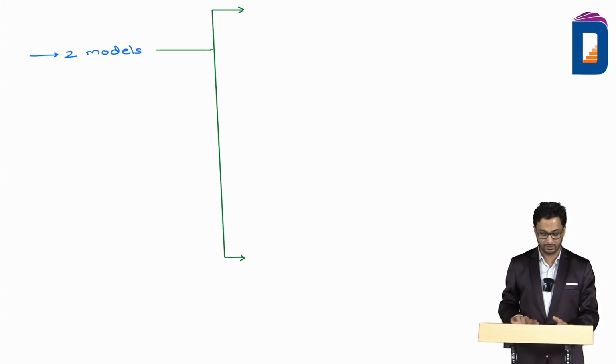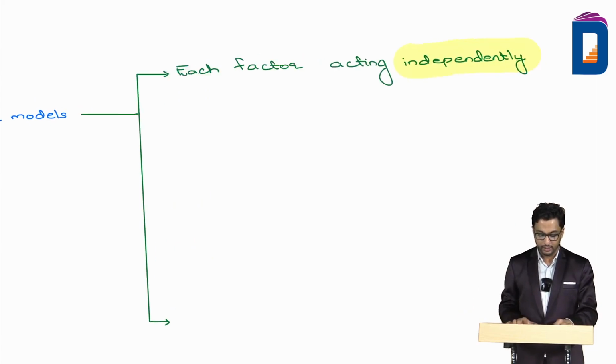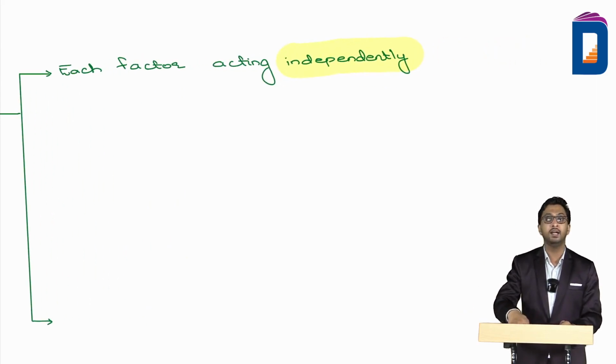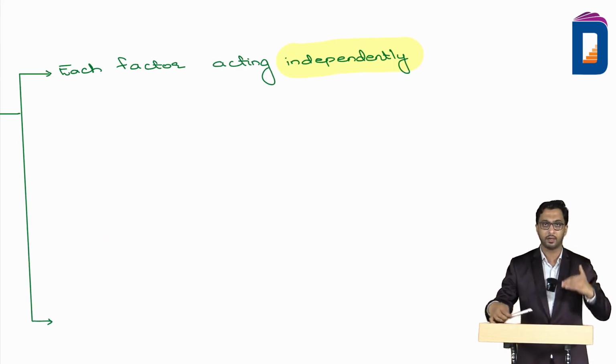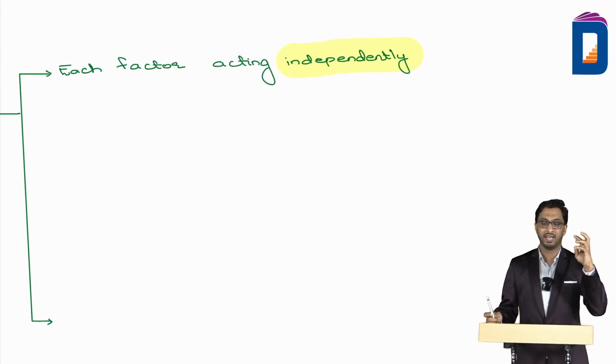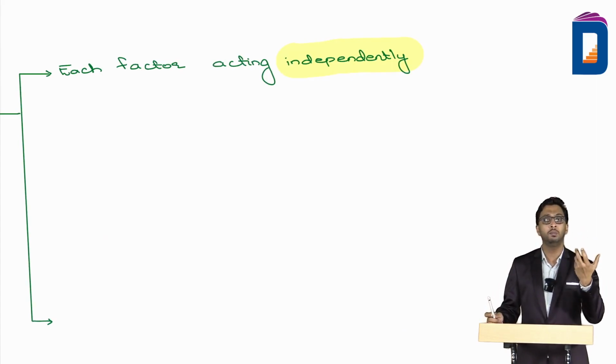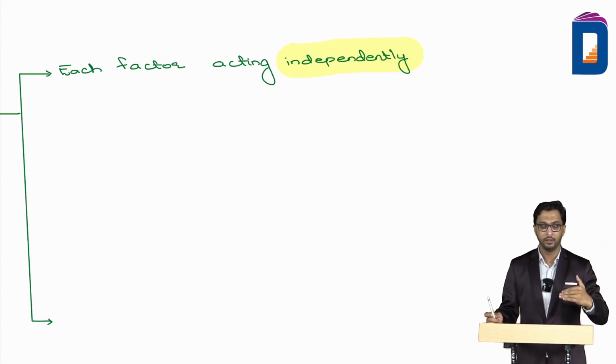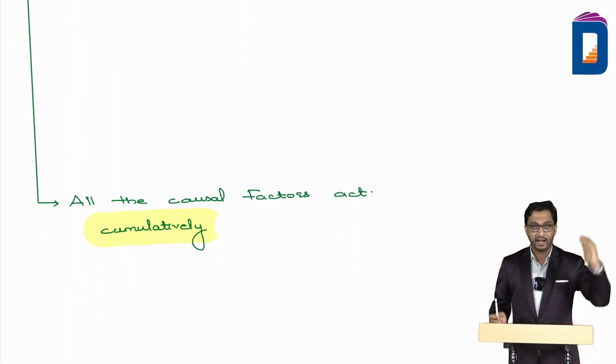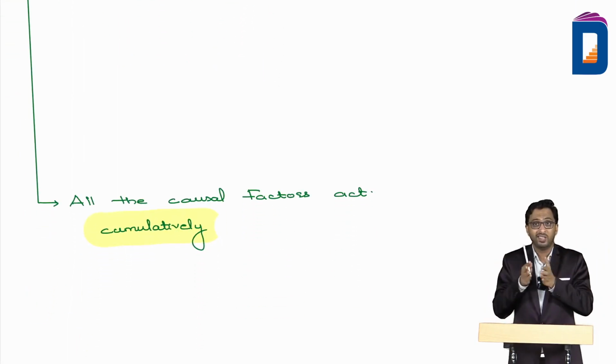It can be either each factor acting independently of the others, or all the factors acting cumulatively to cause a disease.